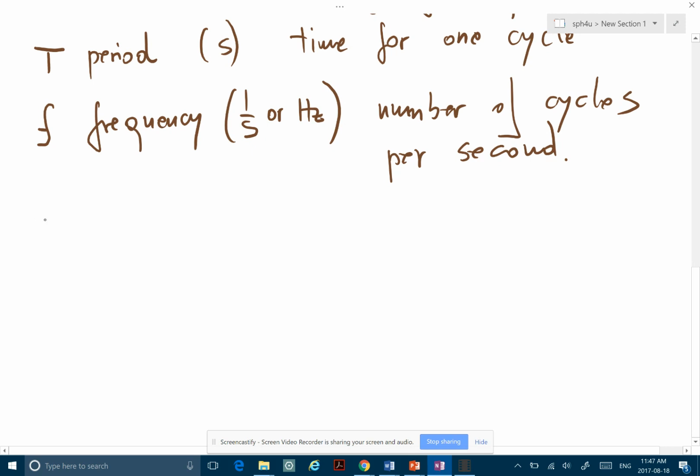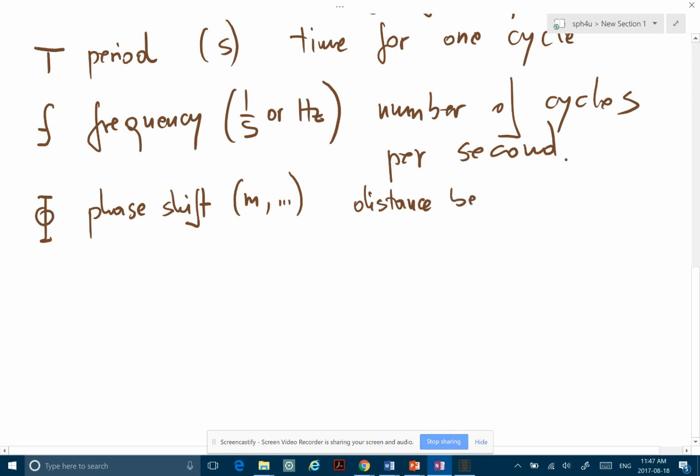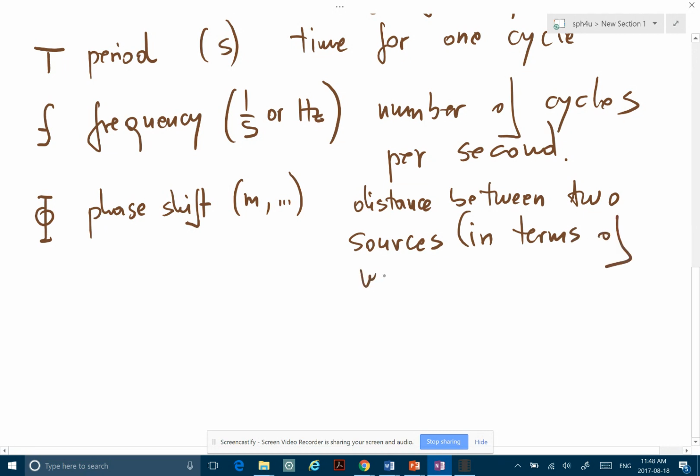And there is one more when we compare two waves, and that is known as phase shift. Okay, could be measured in meters. All right, could be measured in degrees, but pretty much this is the distance between two sources, and usually we're going to express that in terms of wavelength.